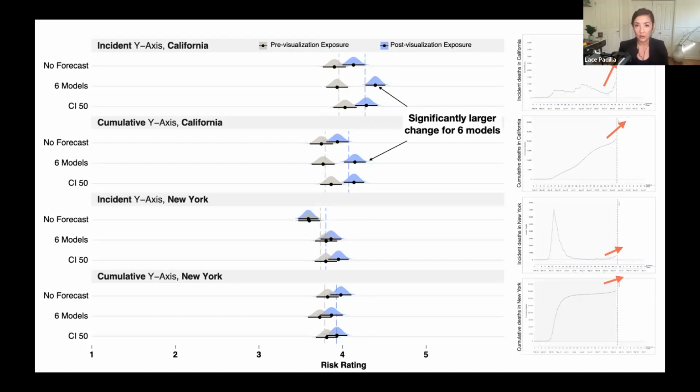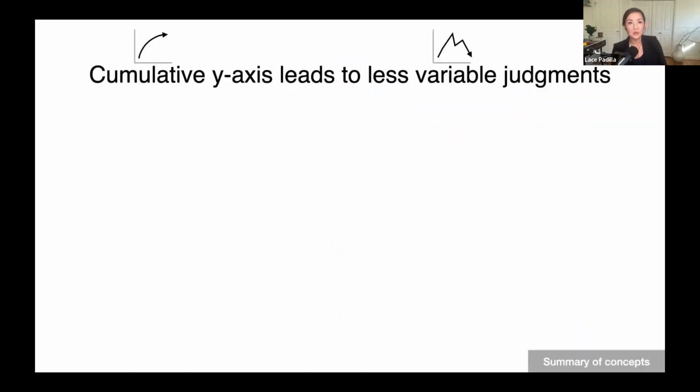So that leads us to a final conclusion here, which is that the cumulative y-axis leads to more variable judgments than the incident y-axis. And there's a few ways to interpret this. In terms of visualization recommendations, this is ultimately up to risk communicators. I'm not going to be the one saying, do we want people to be more nervous or less nervous? What I do know from this research is that an incident y-axis is very susceptible to artificial changes in risk.